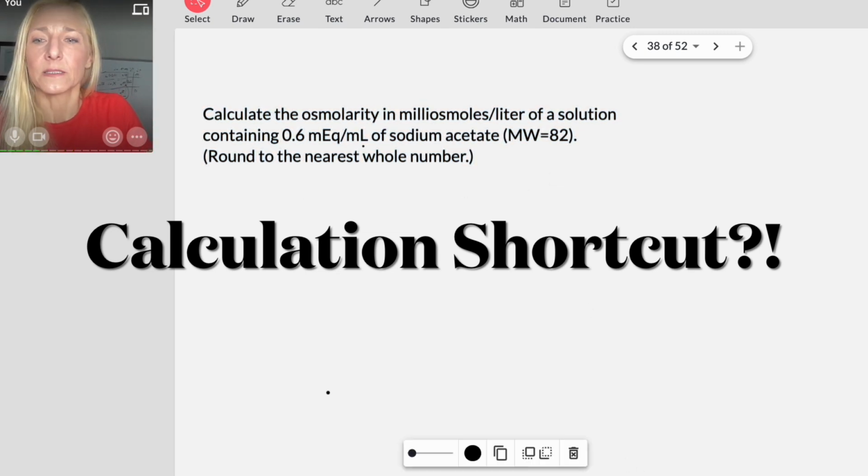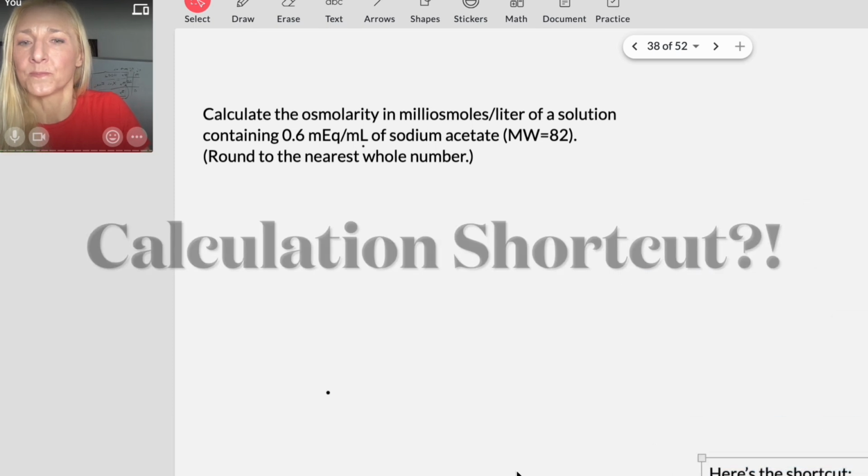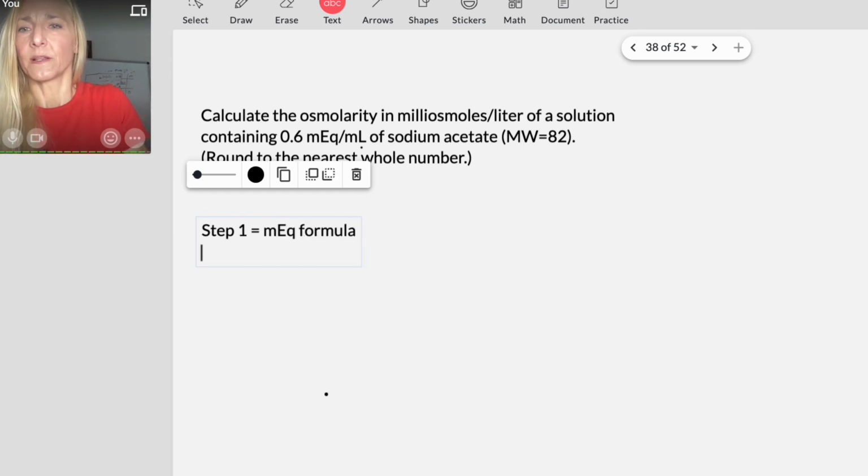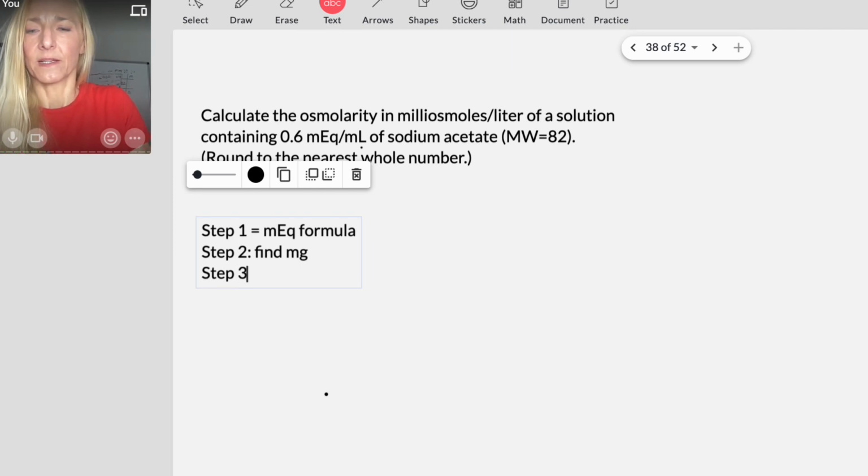Okay, here's what most people do. Step 1, they use the milliequivalent formula. Step 2, they find the milligrams using the milliequivalent formula. Step 3, they convert from milligrams to grams.